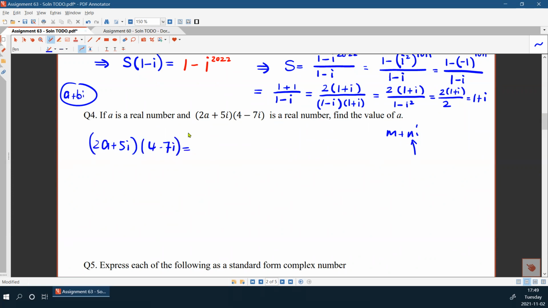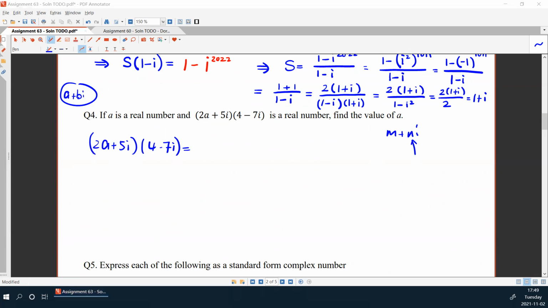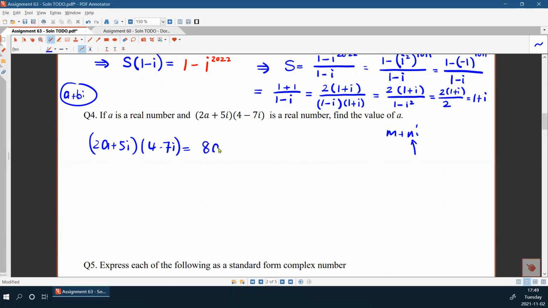This is actually 8a minus 14ai plus 20i minus 35i squared, which is 8a plus 35. This is the real part, right? And then plus 20 minus 14ai. This is the imaginary part.